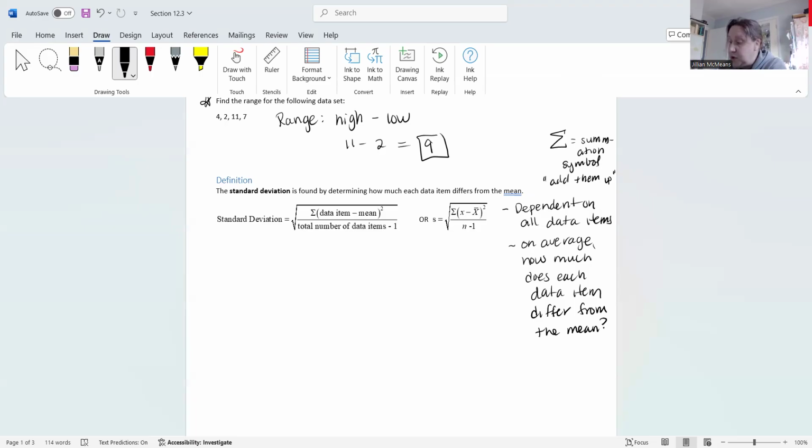And what we're going to do is we're going to take each individual data item, subtract the mean, and then square it, and then add those up. So we take each data item and subtract the mean.